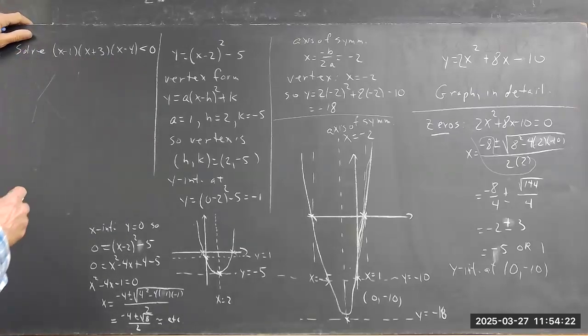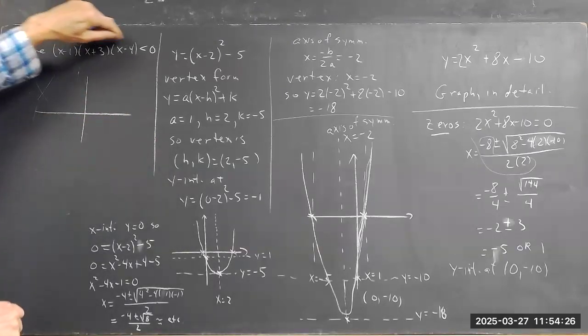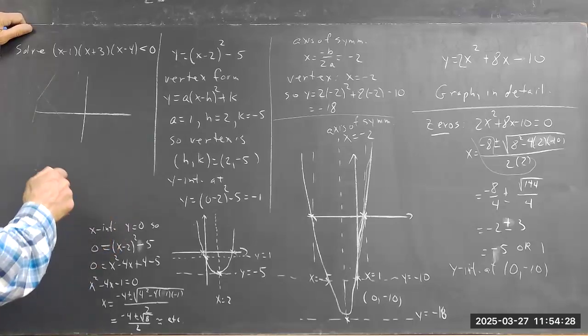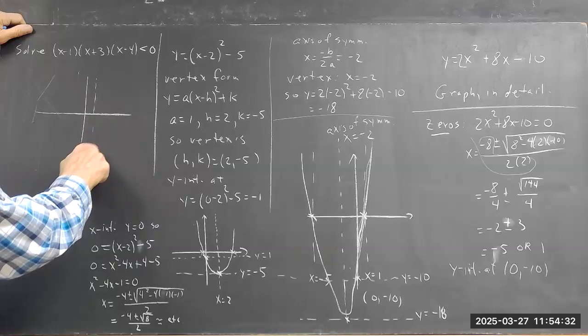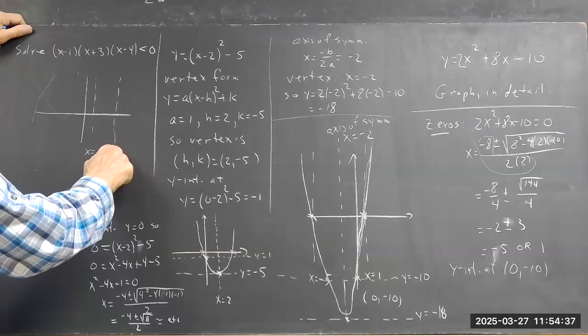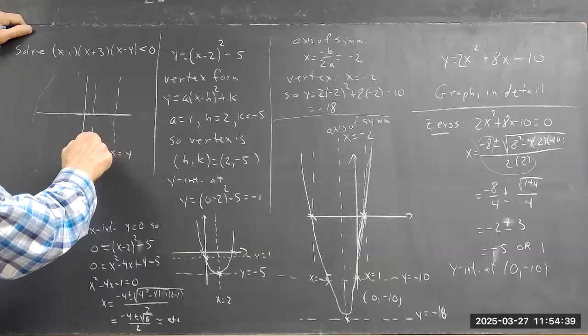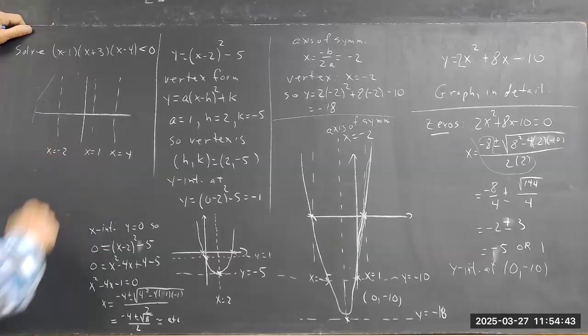To solve this, all you do is you graph this function. The zeros are at x equals 1, x equals 4, x equals -3.